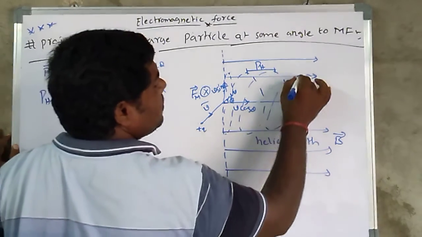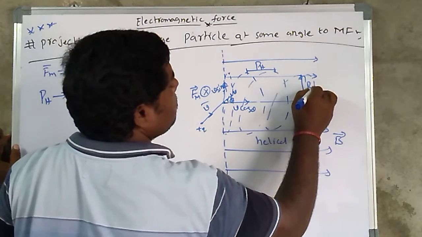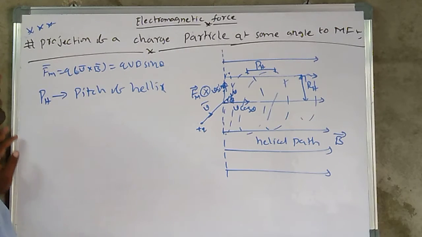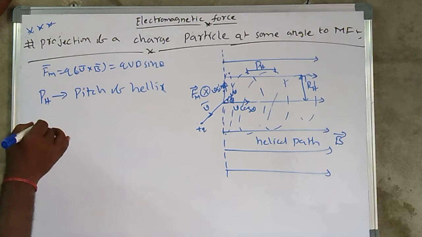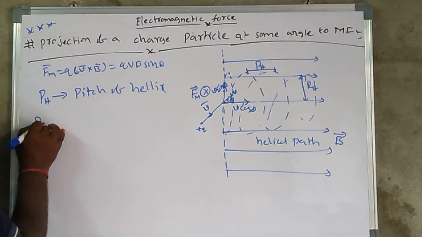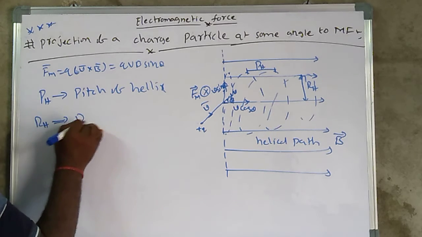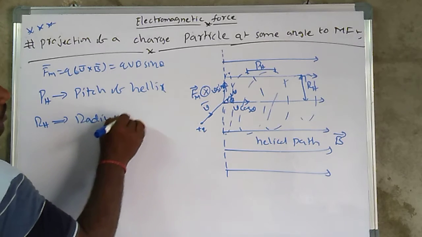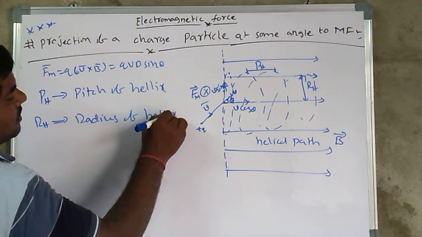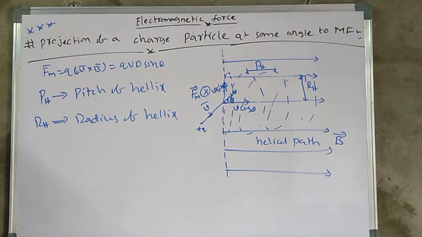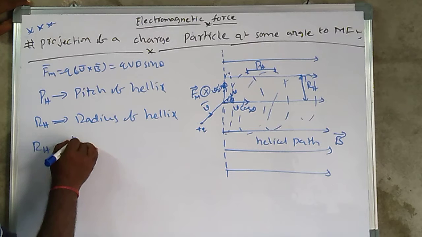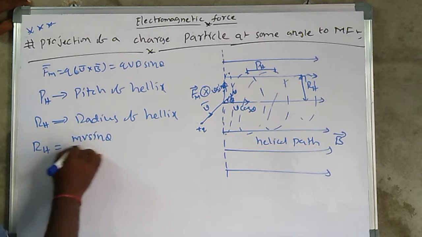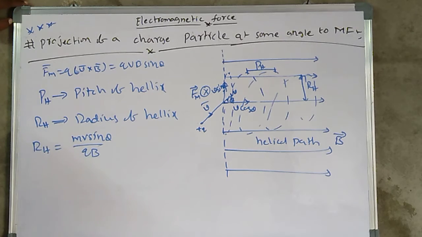Here the radius, from here to here, we consider R_H, the radius of the helix. So R_H is equal to m v sin theta divided by qB.